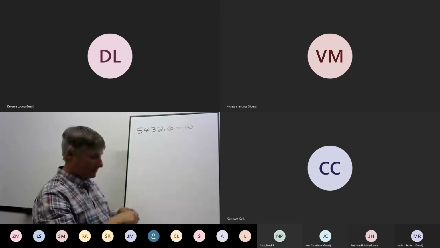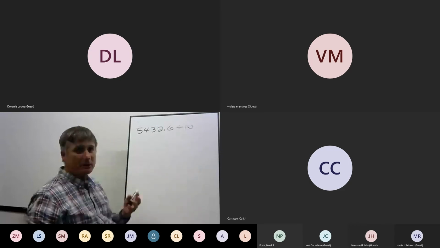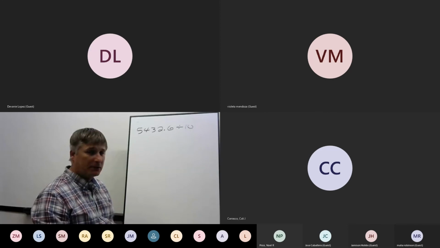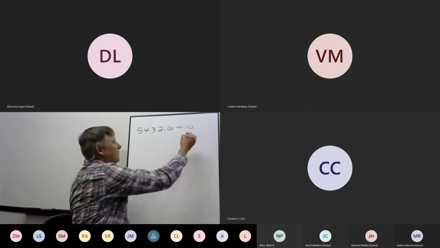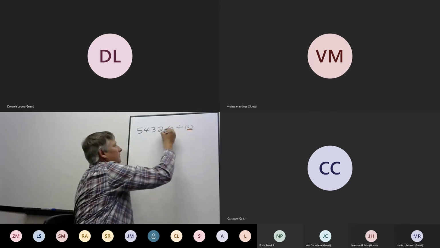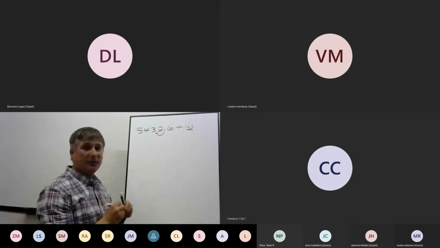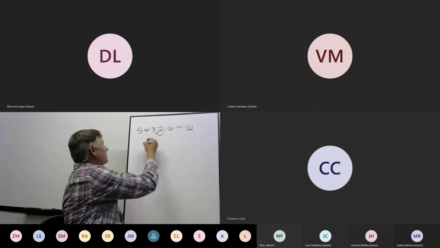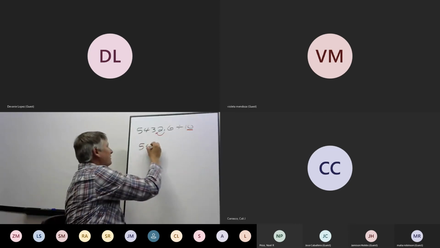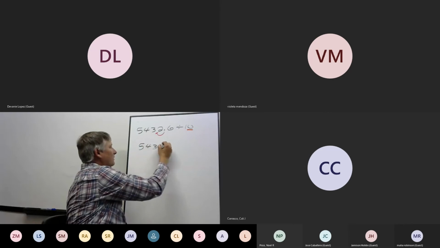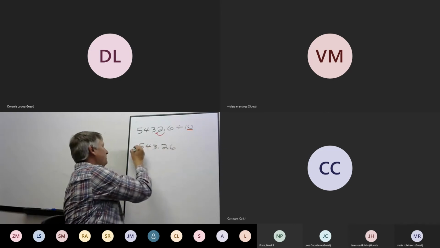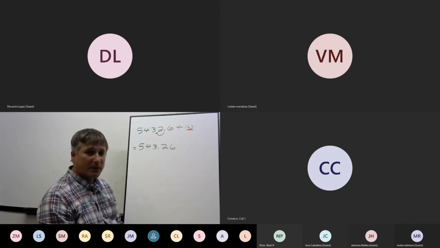If we divide by 10, we have 1/10, so we move the decimal one place to the left. Or you can say we got 1 zero here. Move that one place to the left. And that's going to be our answer.